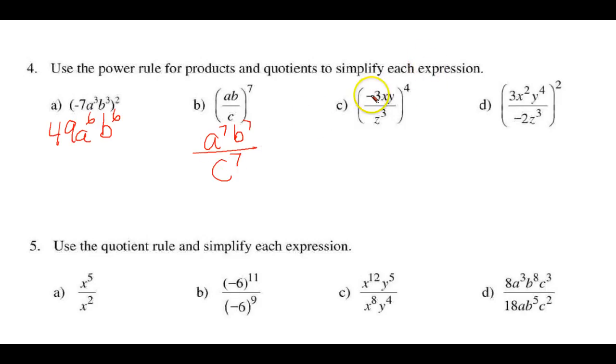Now again, when you're raising a negative to an even power, it's going to end up being positive. So 3 to the 4th power then is 81. Now there's a 1 by each of these, so it's x to the 4th, y to the 4th, c to the 12th.